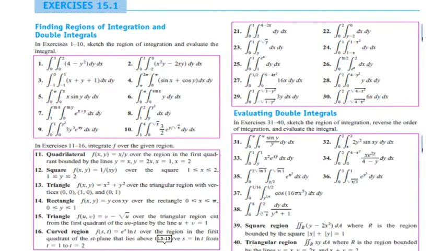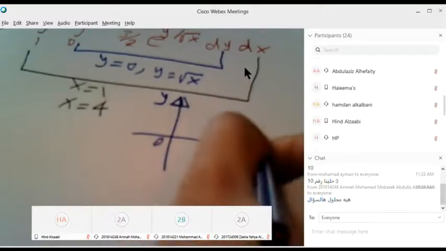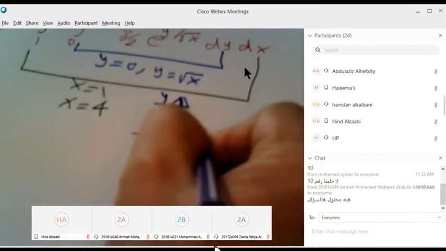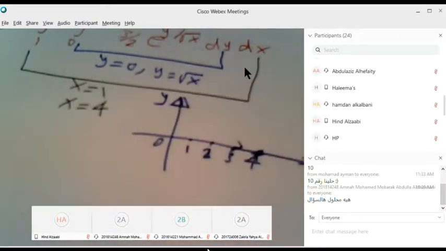Okay, so we can try this one also by MATLAB just to check. Let's start with this. Yes, we have this question.